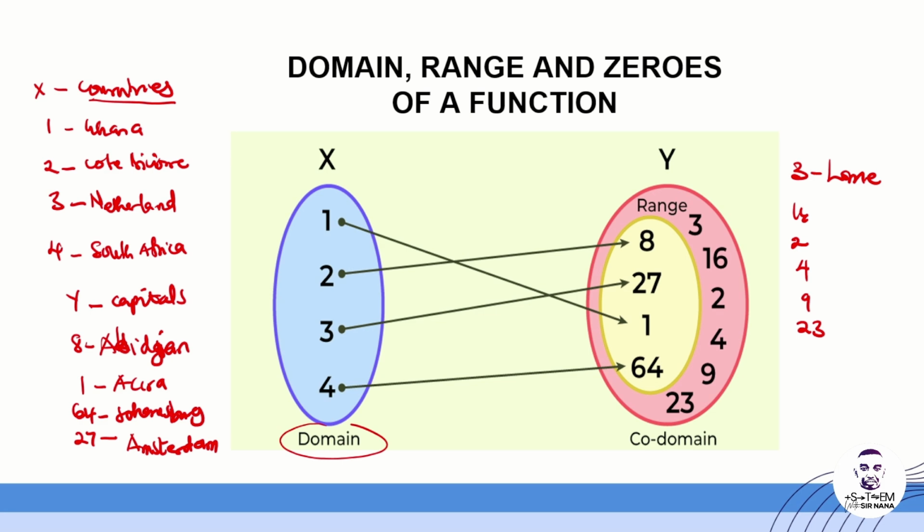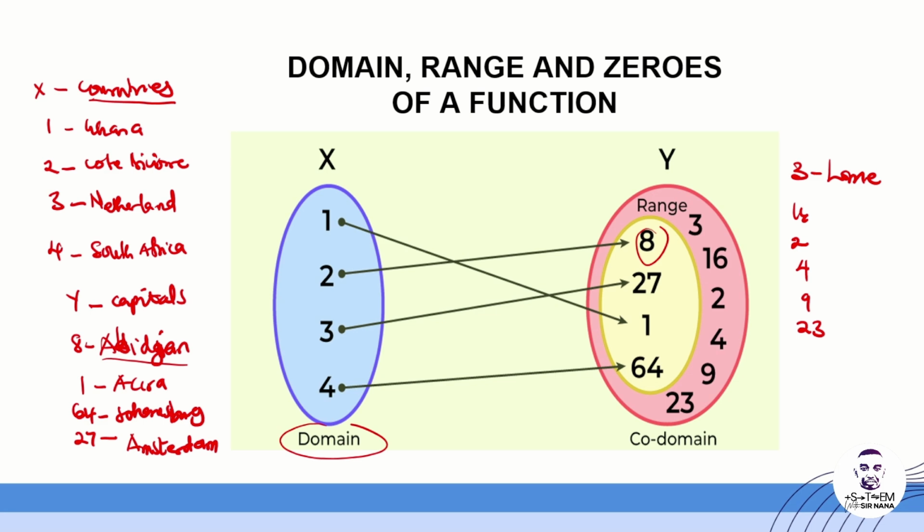So you program the game, you put it in a programming language, so that when asked what is the capital of Cote d'Ivoire, you are expected to provide an answer, and the answer you provide should be within the range. Specifically, for Cote d'Ivoire, which is 2, it should be 8, which is Abidjan. So once you select anything outside that, the programming language is able to tell you that this is wrong, and indicates it through the software that you have a wrong answer.